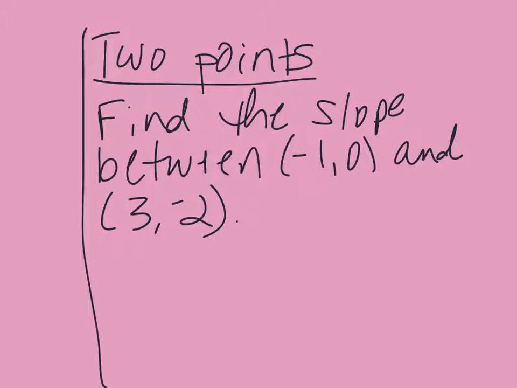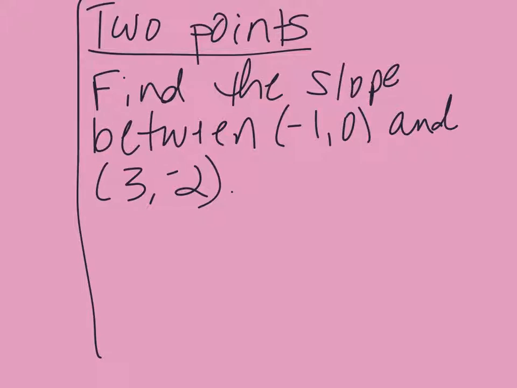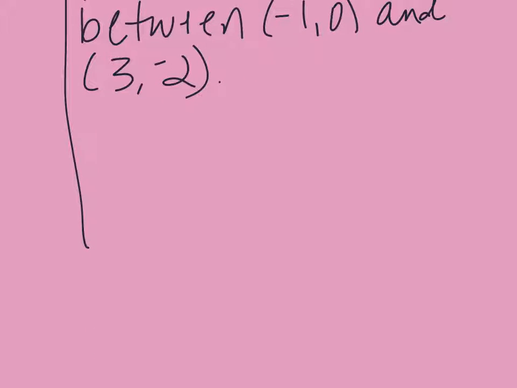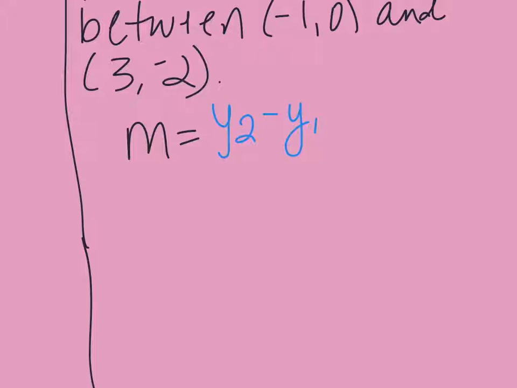Okay, so if you look on your reference chart, you will see the slope formula that says this. Only, not in color, but I'm going to color code it. So you find the difference in the y's, which is what you do when you count the rise.